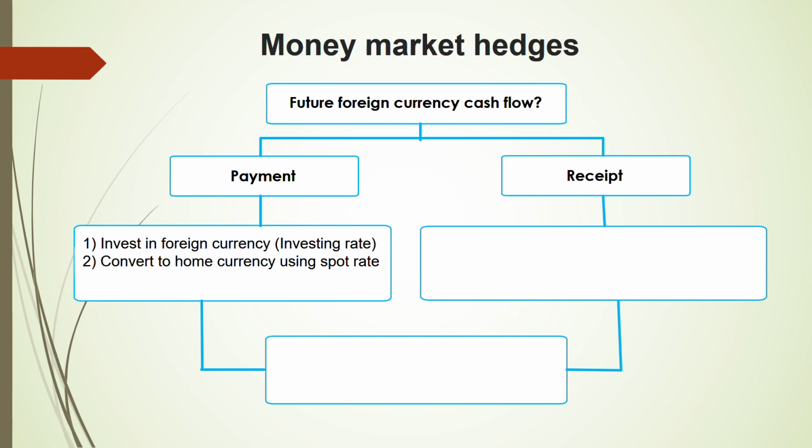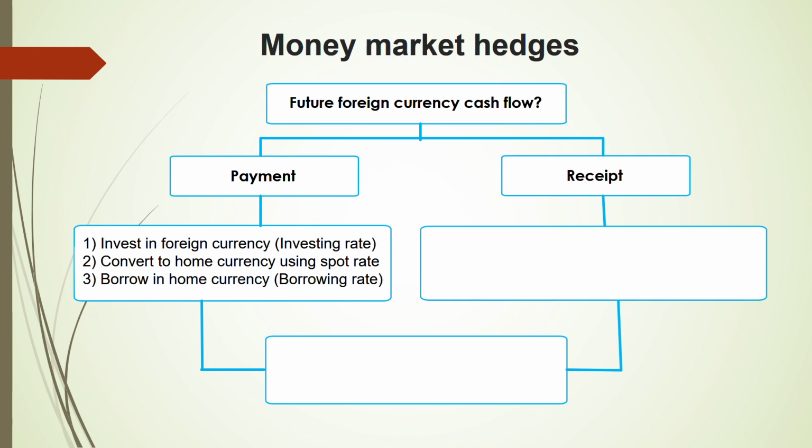So we are focused on money, investing and borrowing, and the investing rate and borrowing rate, not the conversion rate. So spot rate, because we don't have a separate rate called a money market rate, like we had the forward rate for forwards, future rate for futures, or exercise price for options. We don't have that for the money market hedge. So in a money market hedge, convert using the spot rate, whether it's a receipt or a payment.